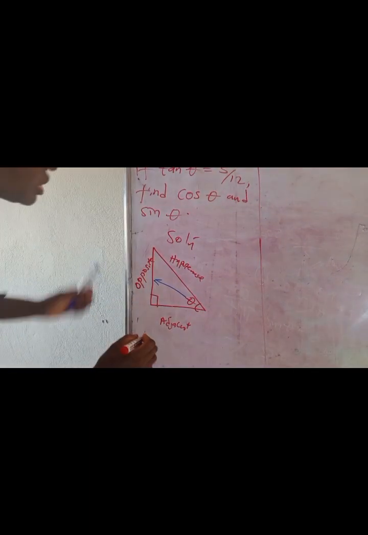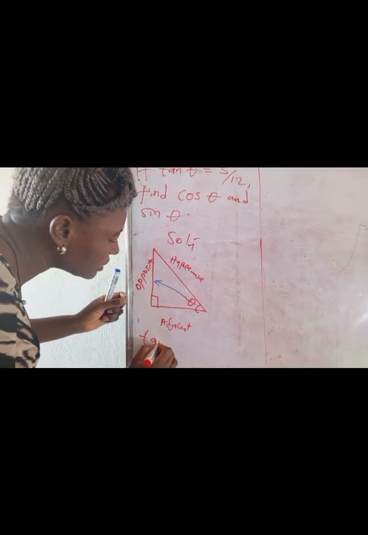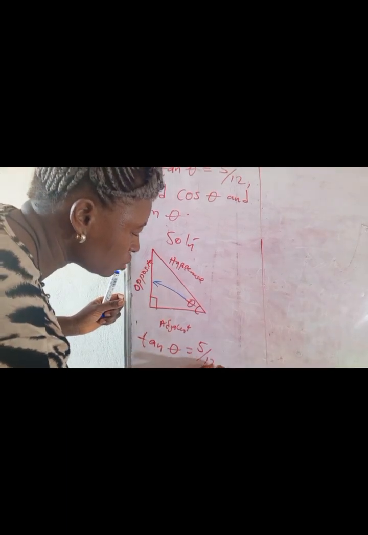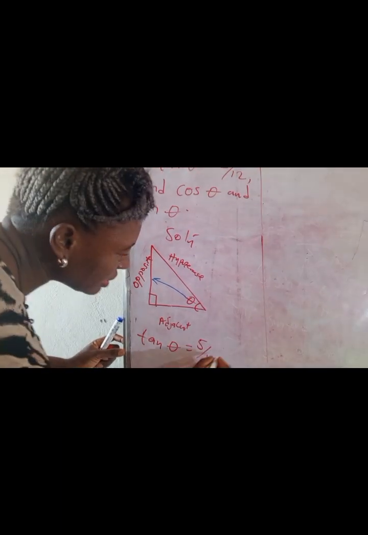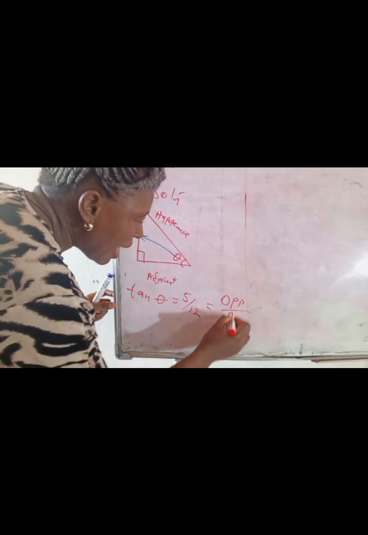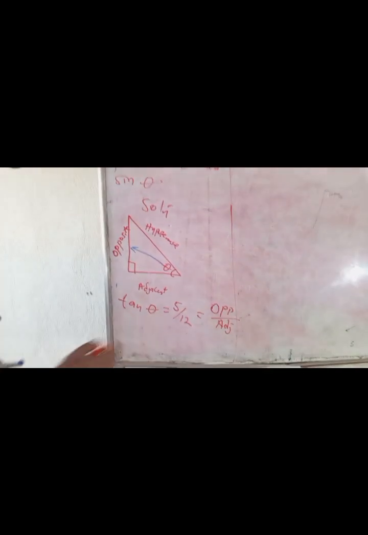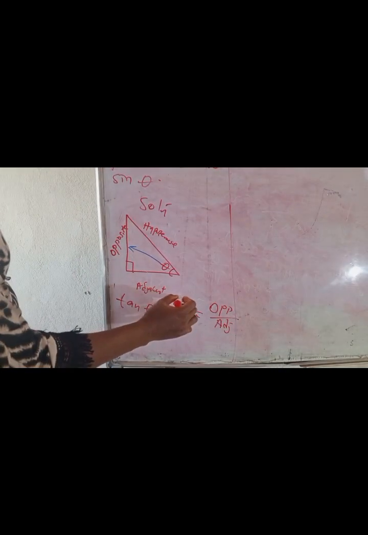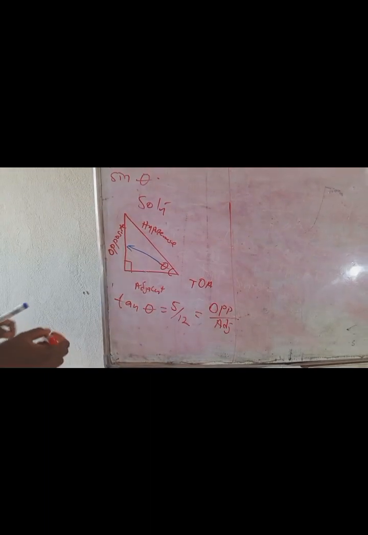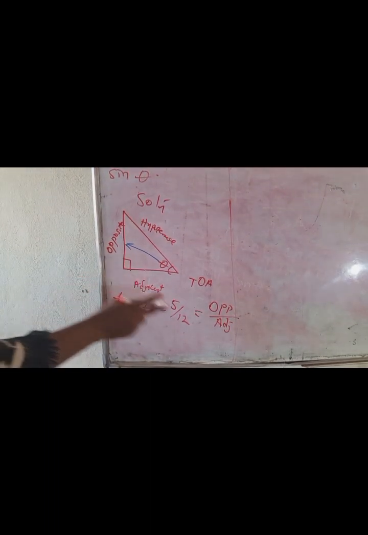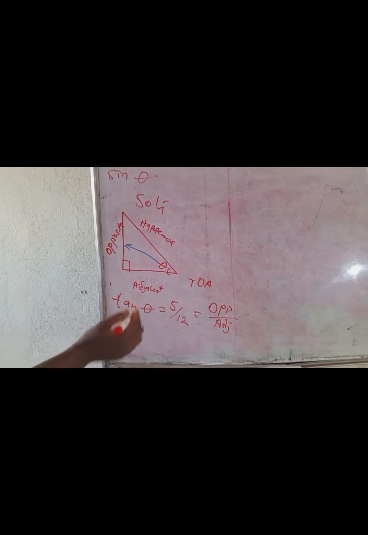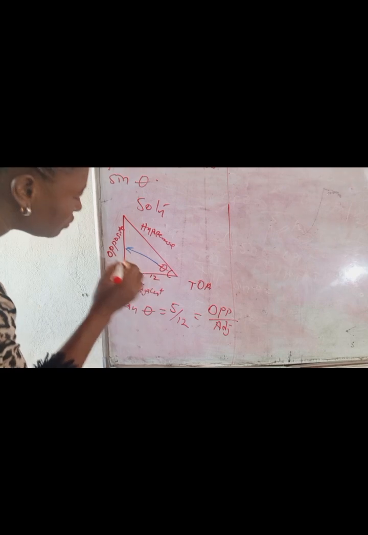Now, from the question, they say tan theta is 5 over 12, and tan is opposite over adjacent, TOA, using SOHCAHTOA. So opposite is 5, adjacent is 12. So here is 12, here is 5.